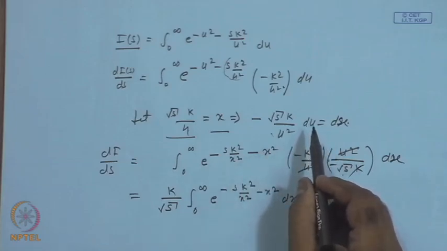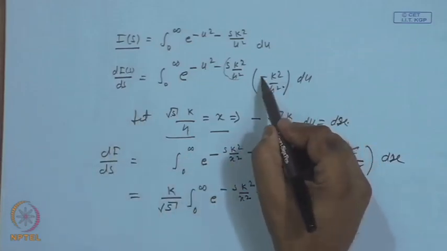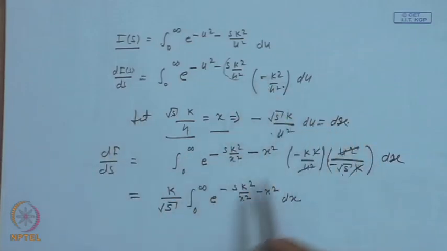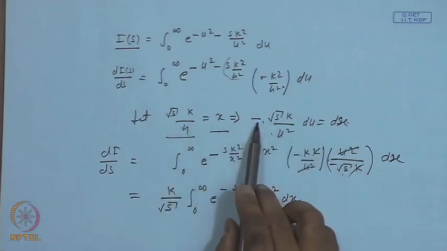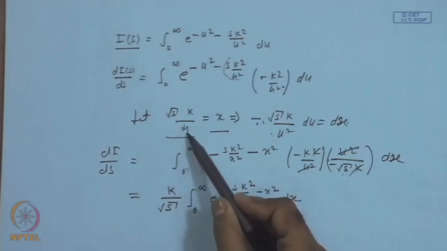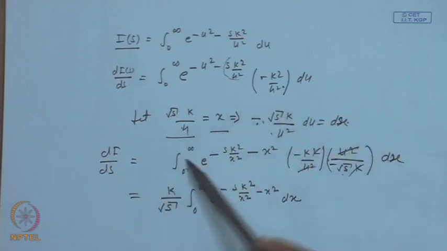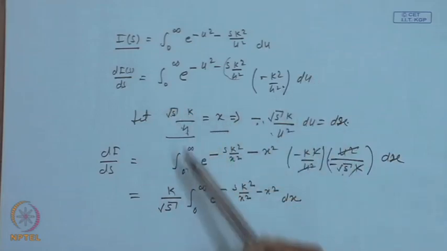So, dI over ds we have with the minus sign here, and then if we take this we get 1 minus at this point. So, we have 0 to infinity. When the limits come, when u is 0 we get the infinity limit.